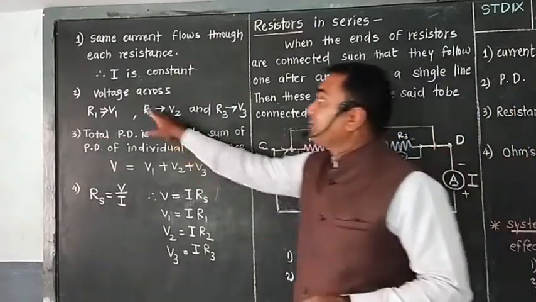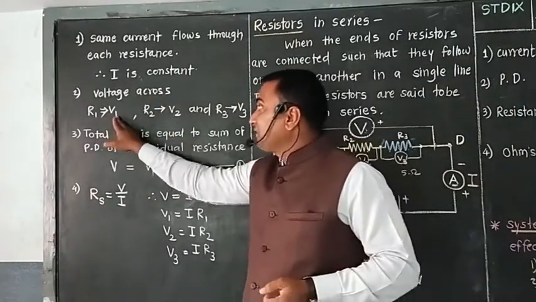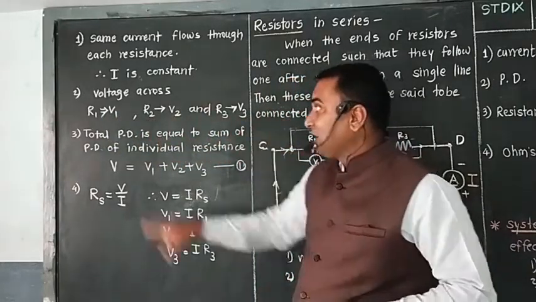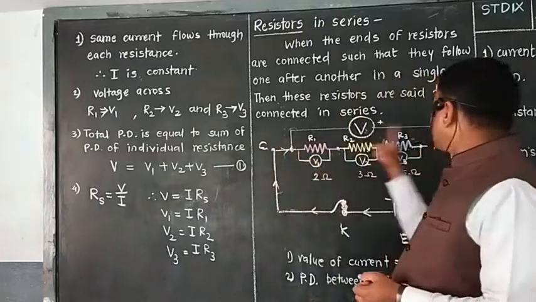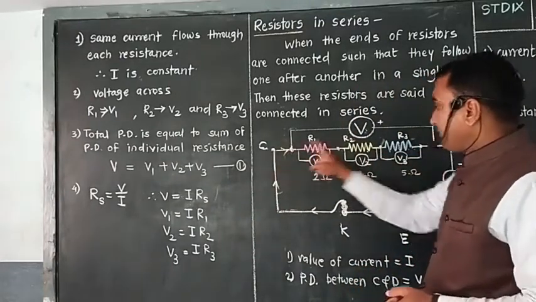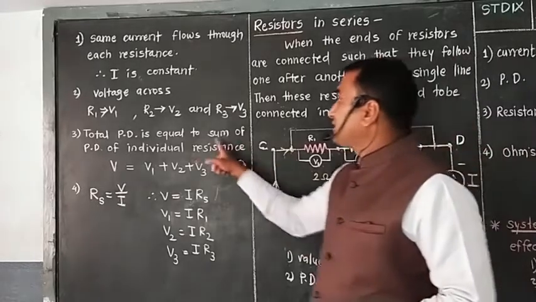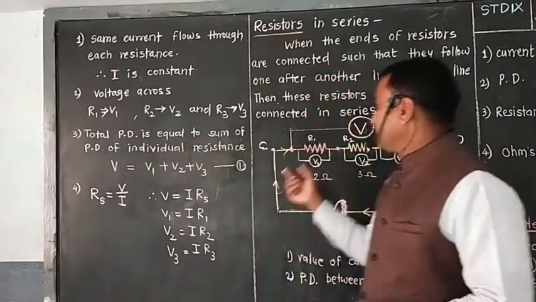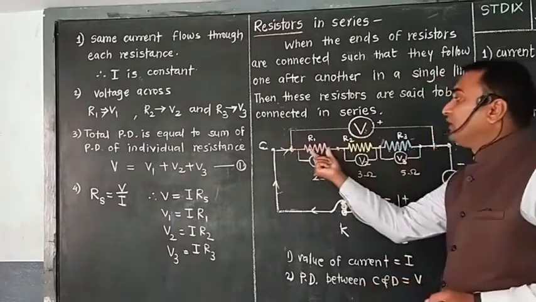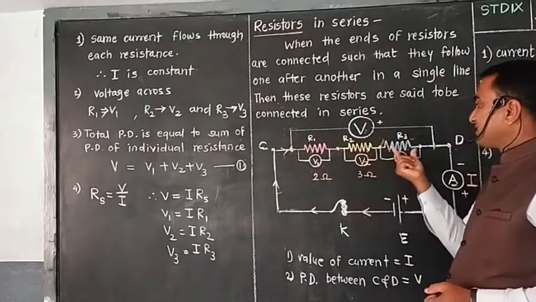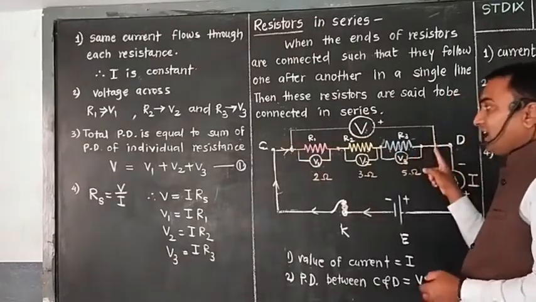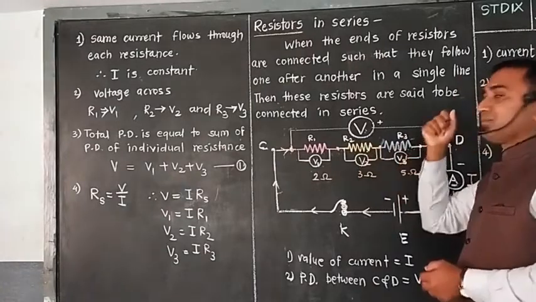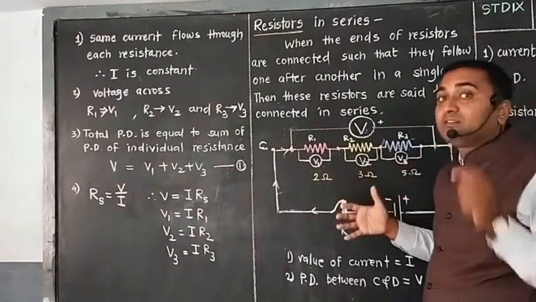Getting? Then if the voltage across R1 is V1, R2 is V2 and R3 is V3, then the total potential difference from C to D is nothing but what? The sum of potential differences of individual resistances. That means V is equal to V1 plus V2 plus V3. कितना खर्चा आएगा, जितना R1 में खर्चा आएगा प्लस R2 में खर्चा होगा प्लस R3 में खर्चा होगा, that is the total expenses.